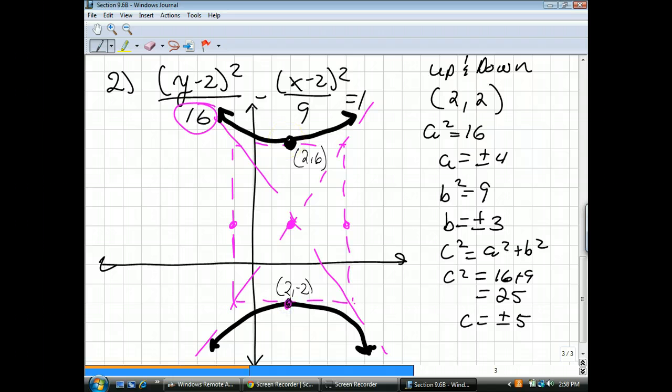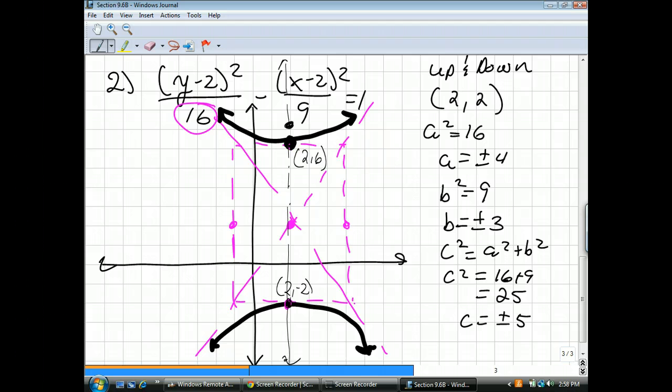Then we need the foci. Remember, the foci are on this line. And so it's going to be the center plus 5. So I'm going up and down. The center plus 5 is going to be 1, 2, 3, 4, 5.